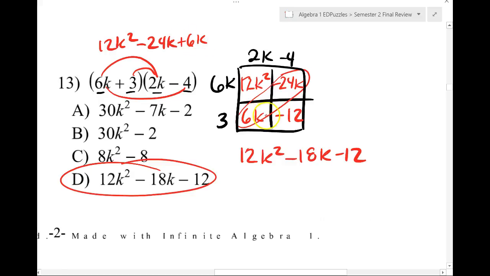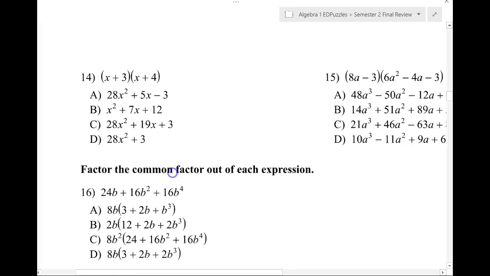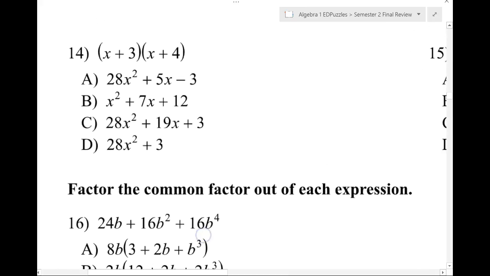Hey, look, you're doing the same thing. Like I said, it's just a different way of laying it out. Okay, that's negative 12. And then we know that when we combine negative 24 and 6, we get negative 18. Okay? Okay, so now 14, same thing. I'm going to go ahead and do the box method.